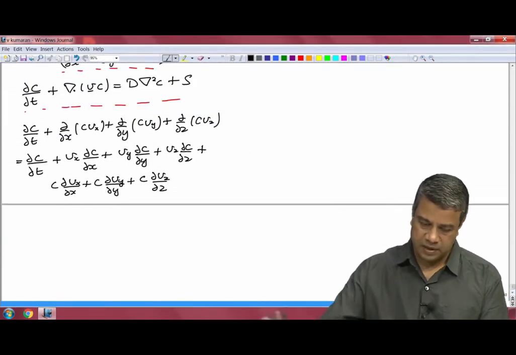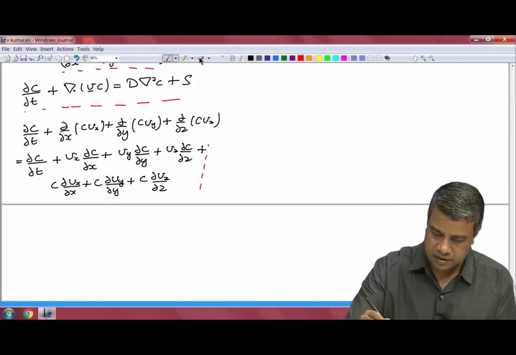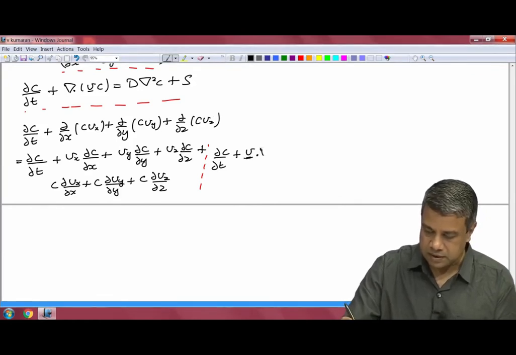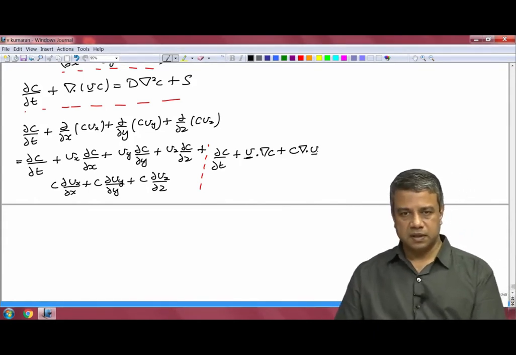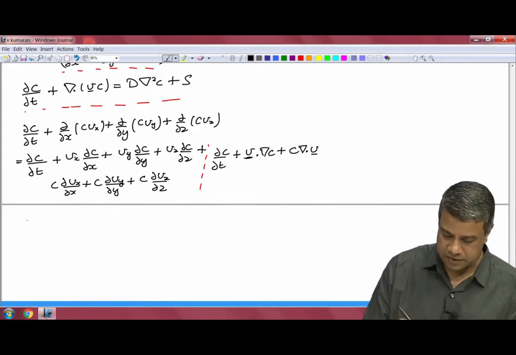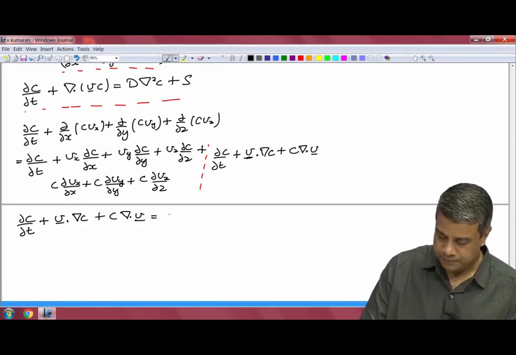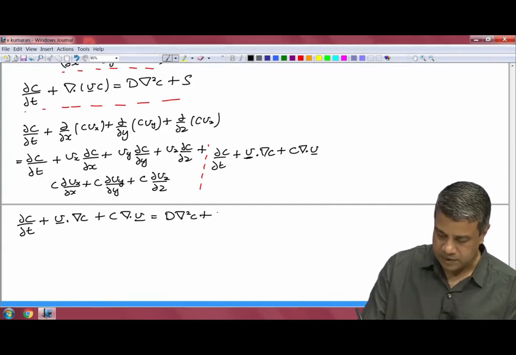And you can easily verify that this combination can be written in vector notation as V vector dotted with grad c plus c times the divergence of the velocity. So that I can write the conservation equation as partial c by partial t plus V dot grad c plus c divergence of V equals D del square c plus S.